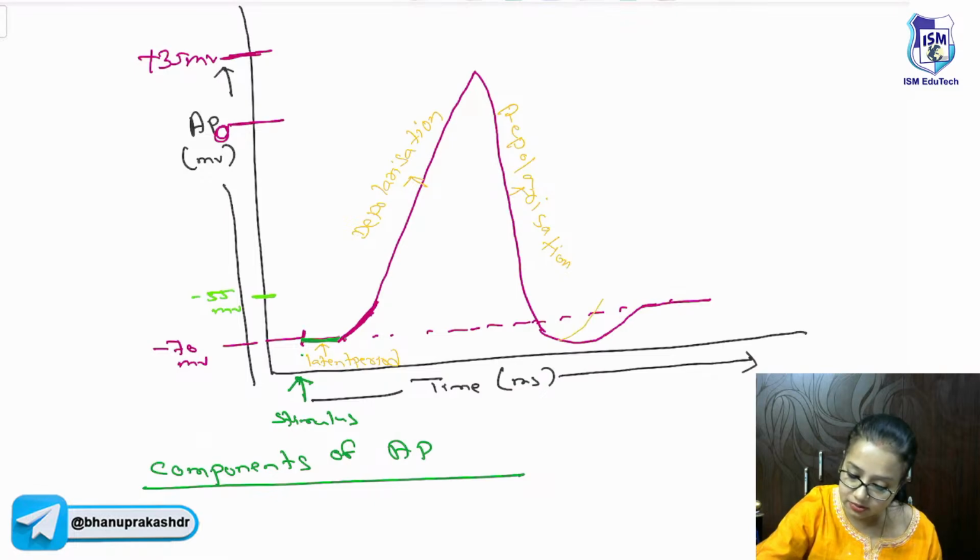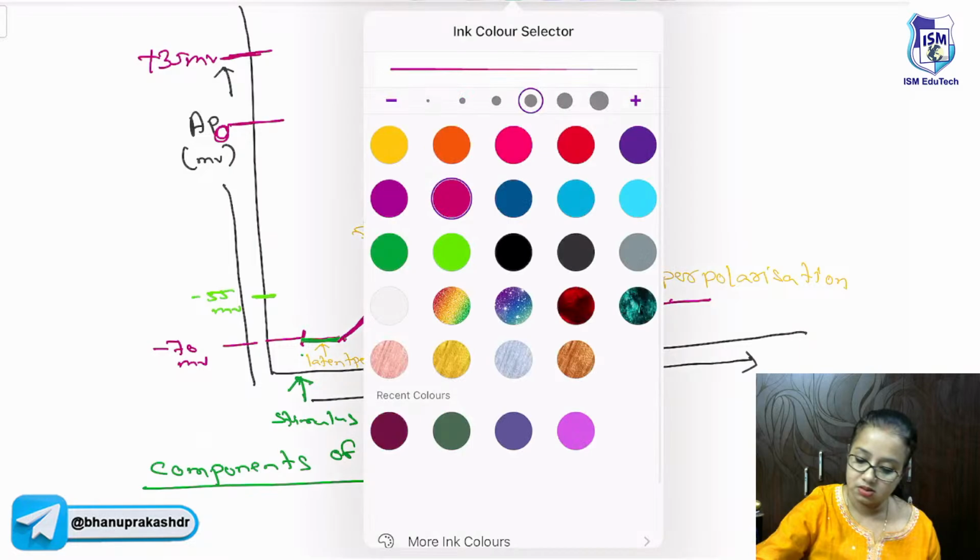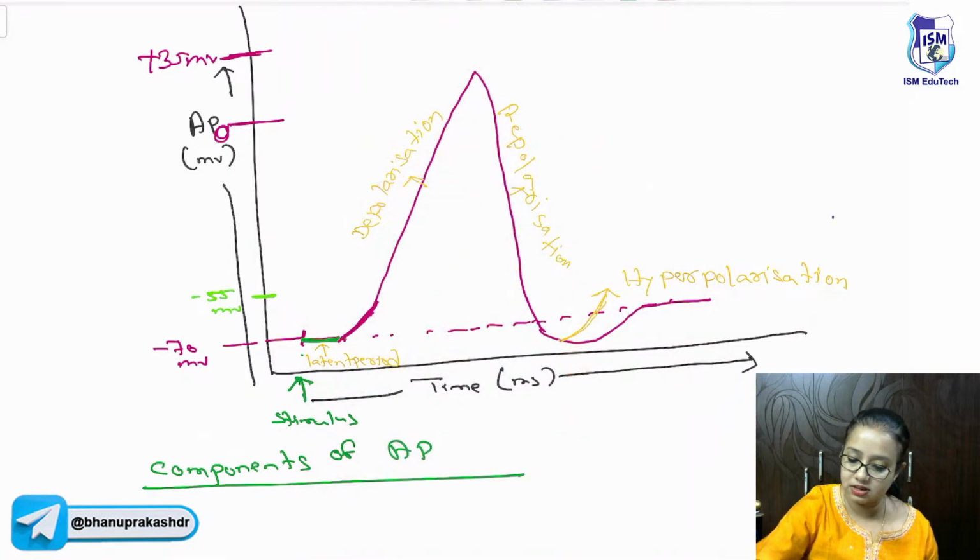What lags below is the hyperpolarization. And then it straightens out and goes back to the resting membrane potential.